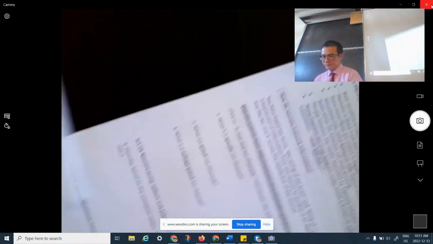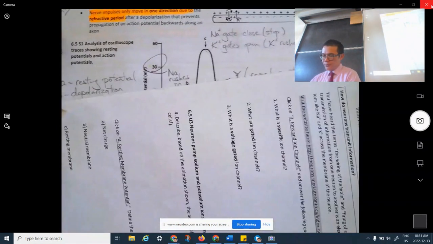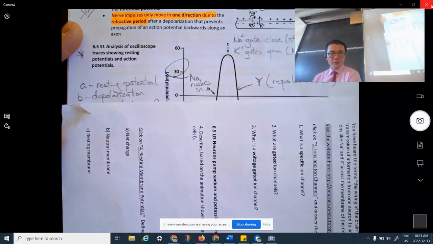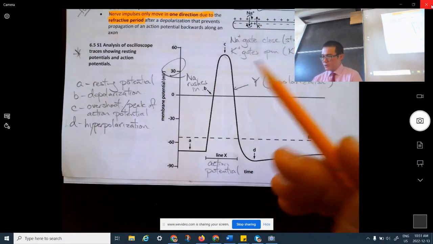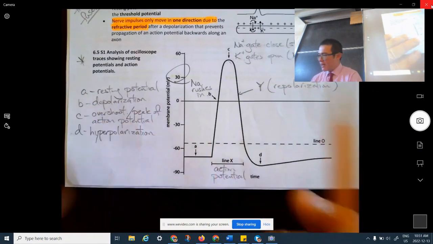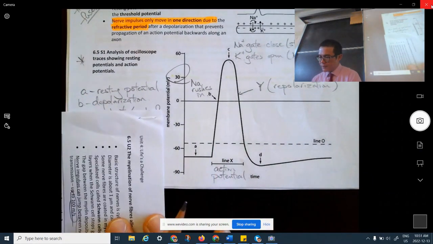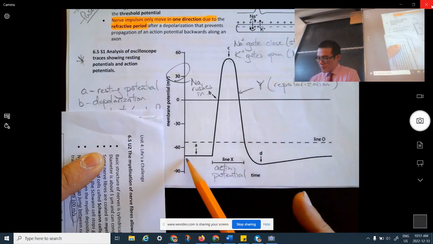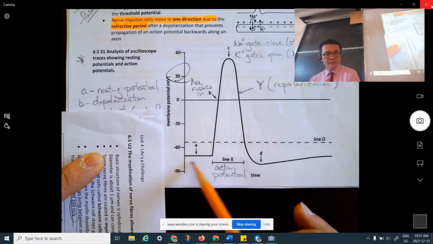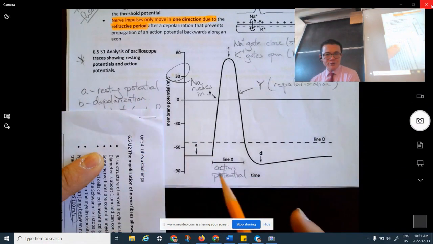There are a couple of things in this graph. I don't expect you to copy everything right off the bat, but we're going to. Part A here will be the resting potential.